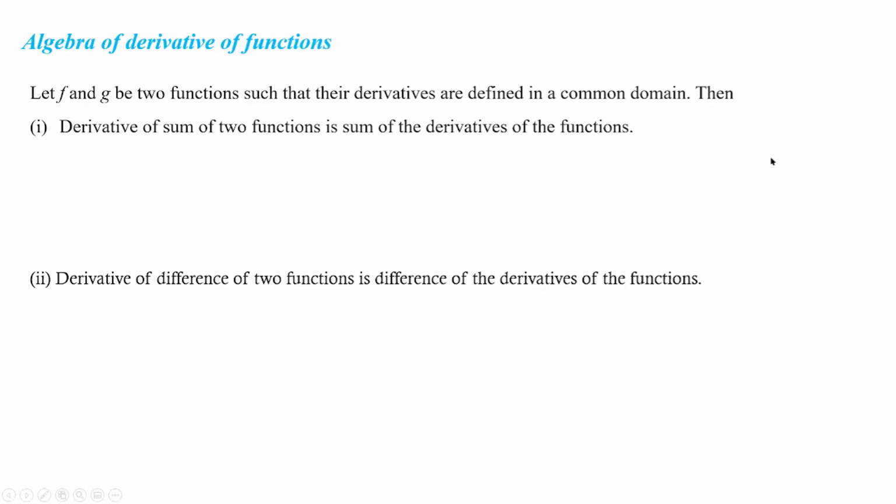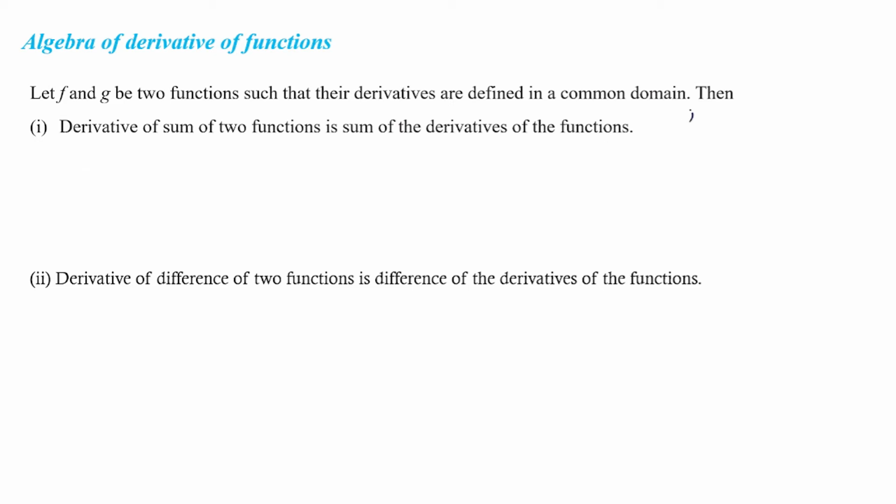First we will see the algebra of derivatives of functions. If we have f and g be two functions such that their derivatives are defined in a common domain, then the derivative of the sum of the two functions is the sum of the derivatives of the functions.